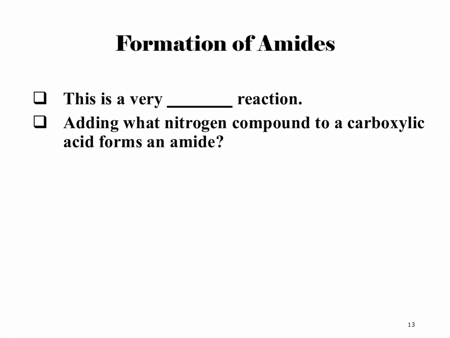Okay. And so the formation of amide is similar to the formation of esters. I don't know why there's a question mark there. Oh, it says, what nitrogen compound to a carboxylic acid forms an amide? Remember when esters, we described the molecule in terms of having an alcohol side, and a carboxylic acid side.